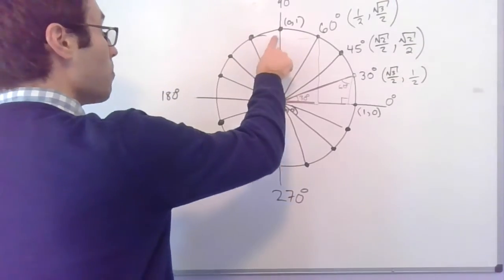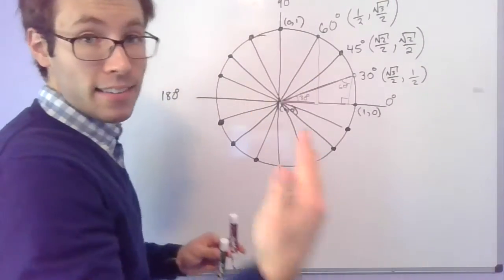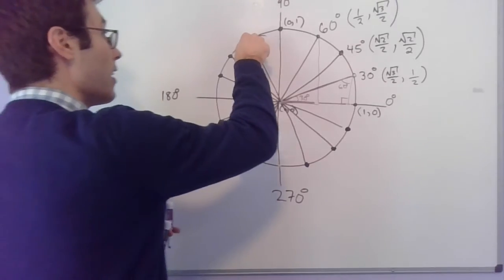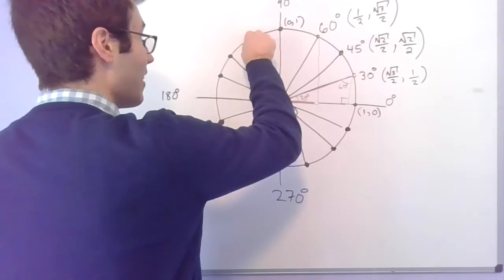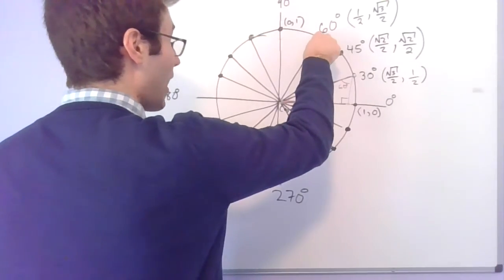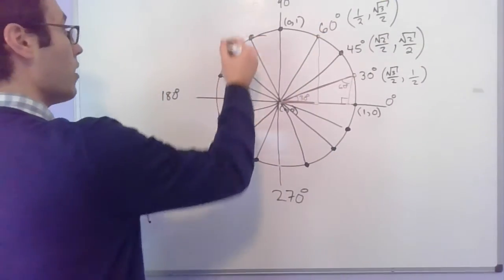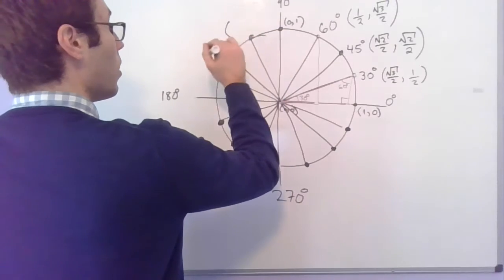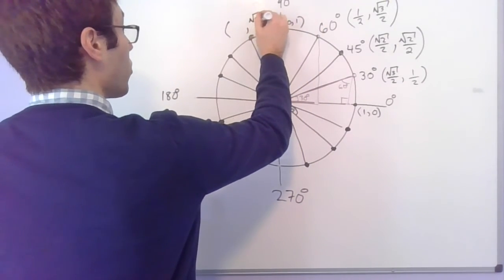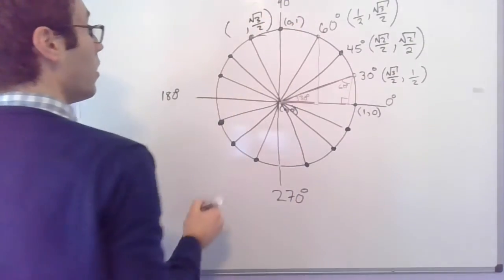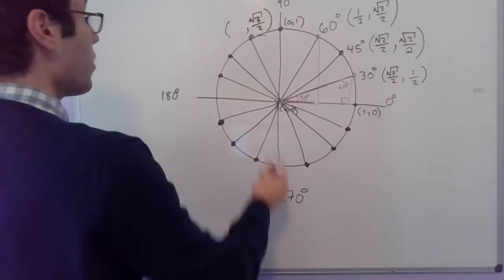So that means my y coordinates are going to be the same. You want to just look at it and say, that's the same height as that point over there. That's also the same height. That's the same height as that. So right here, you know it's going to be, for my y coordinate at least, square root 3 over 2. And by default, you know it's going to be 1/2.